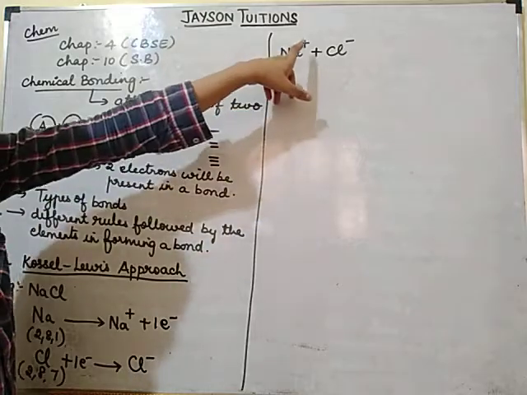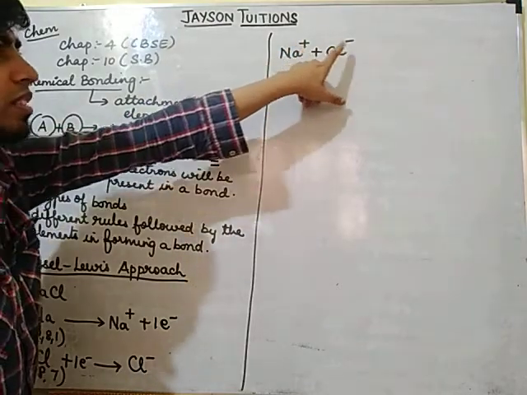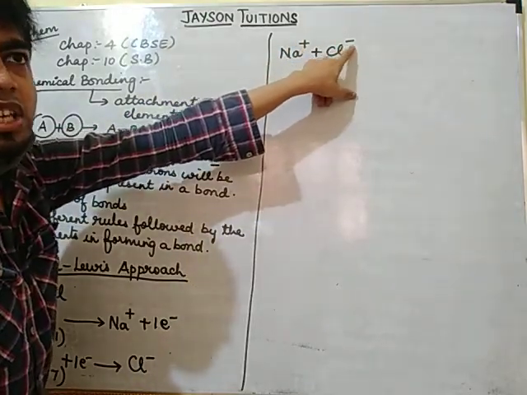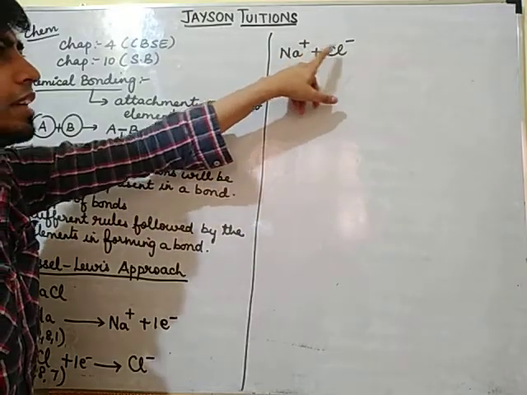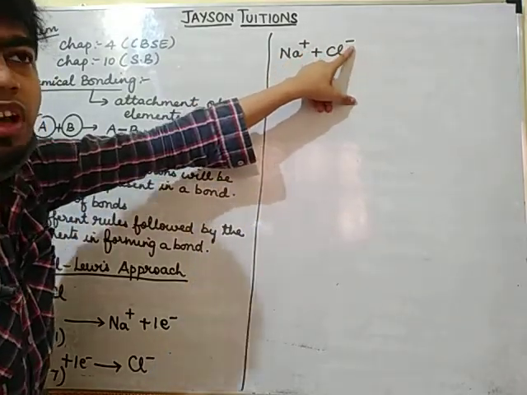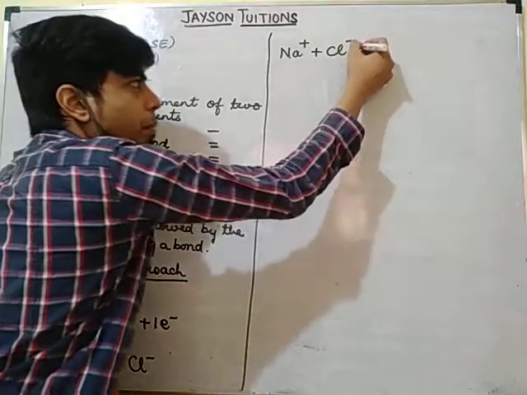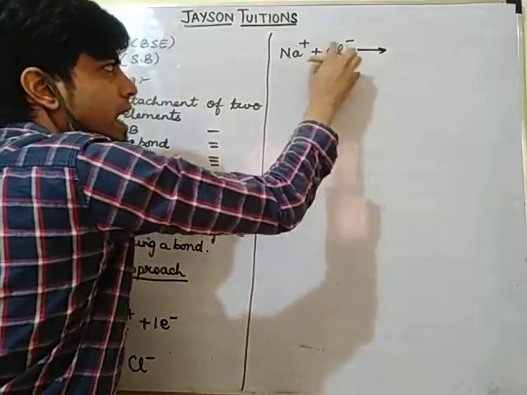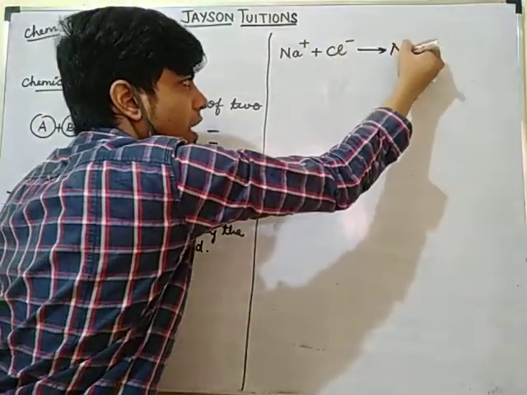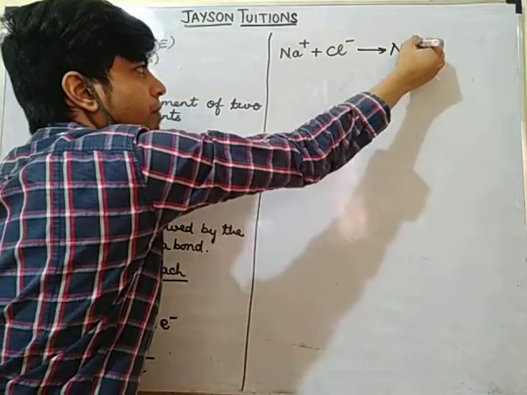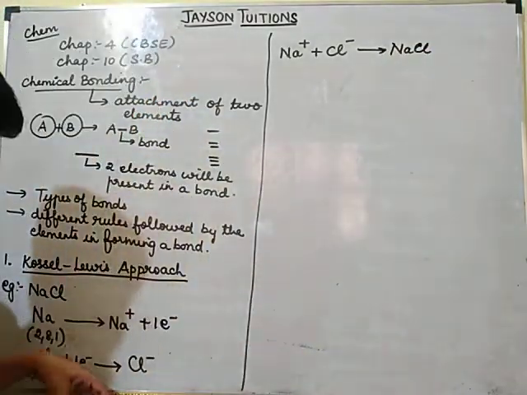Okay, you know there will be an attraction between a positive charge and a negative charge. This attraction is called as electrostatic force of attraction. So because of that attraction, this Na plus and Cl minus will come together and form NaCl.